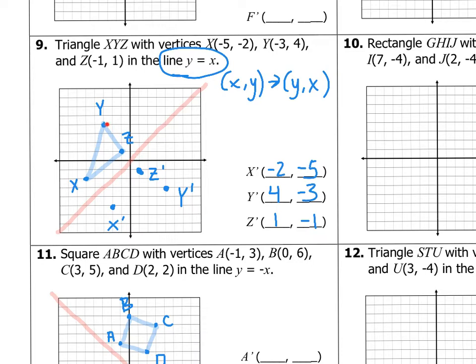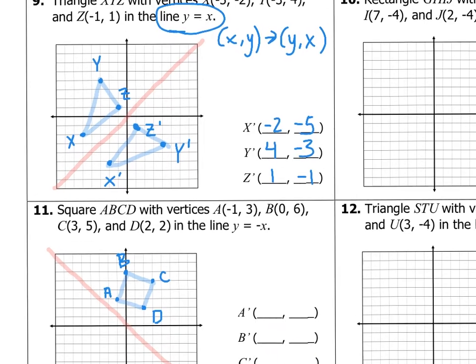If you were to connect those dots, it would be a perpendicular line, and they would be the same distance away. Okay, so then we will connect the dots again. And again, you could tell if you were to fold down that line, you would get the same image, and also it looks like the mirror image.